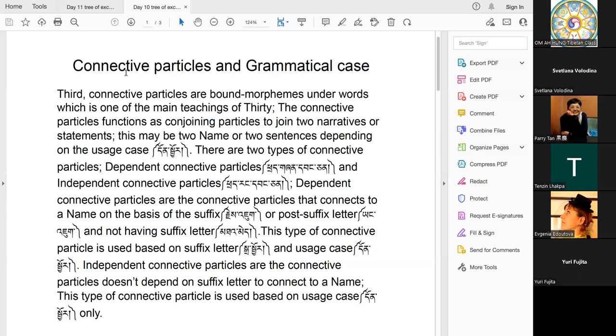And these particular words are bound morphemes, meaning they cannot have meaning by themselves. So never associate any meaning to the connective particle or any of the particles.